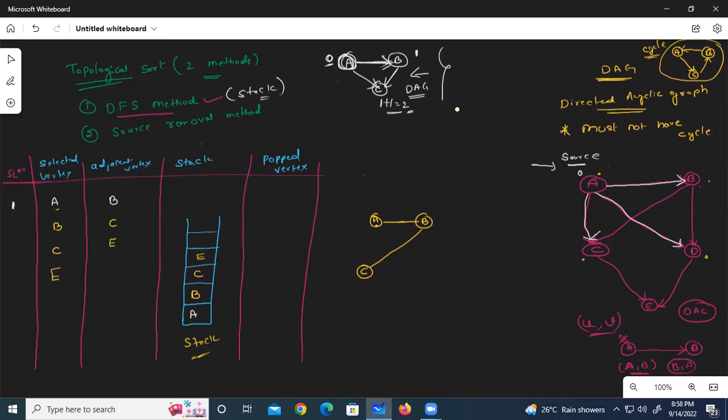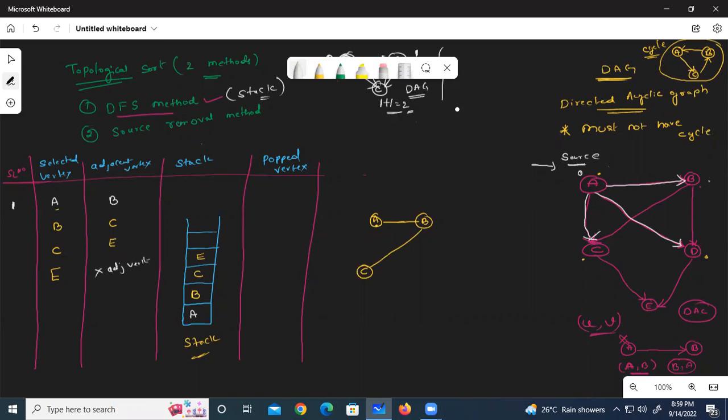Now see here, this is over. Now does E have any adjacents here? No adjacents. What do we have to do now? Tell me. E does not have any adjacent. I am going to say very clearly: E does not have any adjacent vertex.